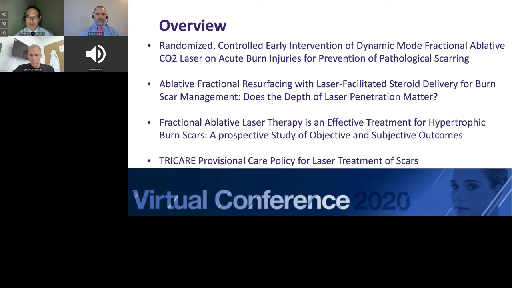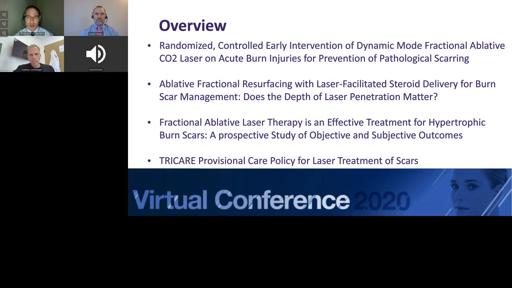At the end, I'm also going to mention a brief piece of information on a provisional care policy, the TRICARE, that's the medical insurance carrier for those within the Department of Defense that's looking at considering the payment for these types of services off base through insurance, which isn't currently available right now.